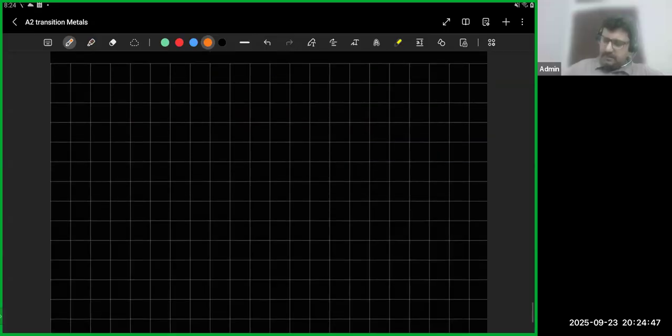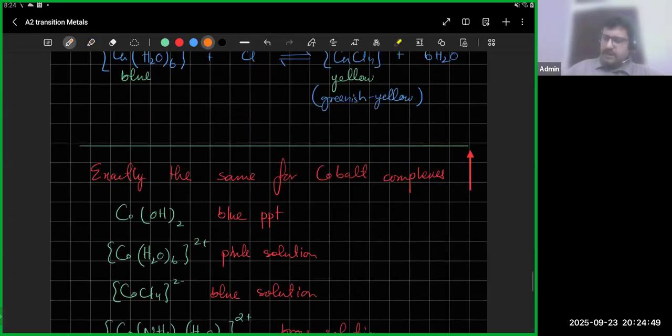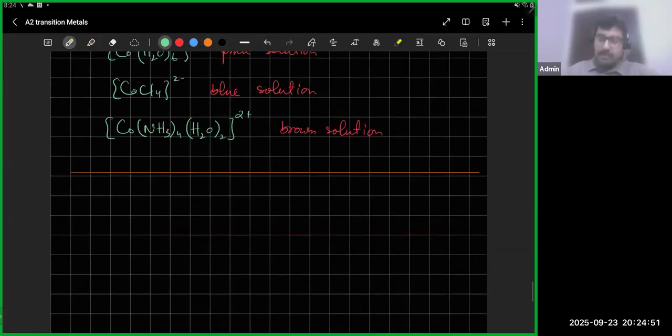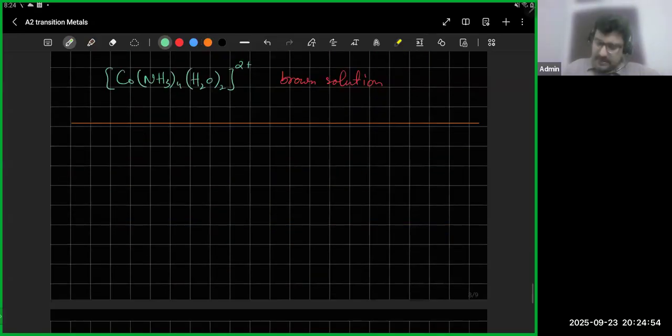Okay, we're done with the colors. You also have to remember one point, that ligand exchange reactions are reversible reactions.